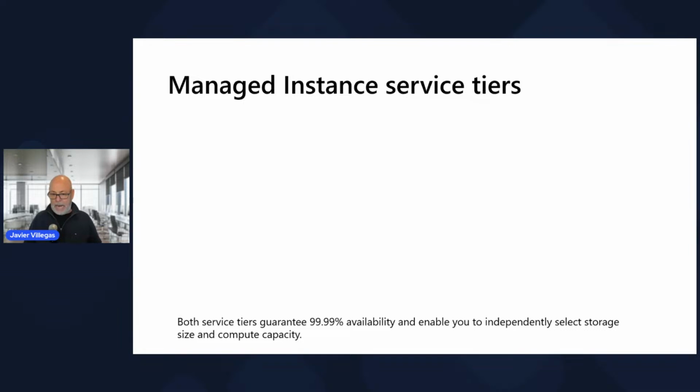So how do we define or how do we manage an MI, a managed instance, right? First of all, we need to be aware that there are different service tiers. And there are actually two. One of them is called General Purpose, in which Microsoft is telling us that most business workloads run perfectly fine on it.